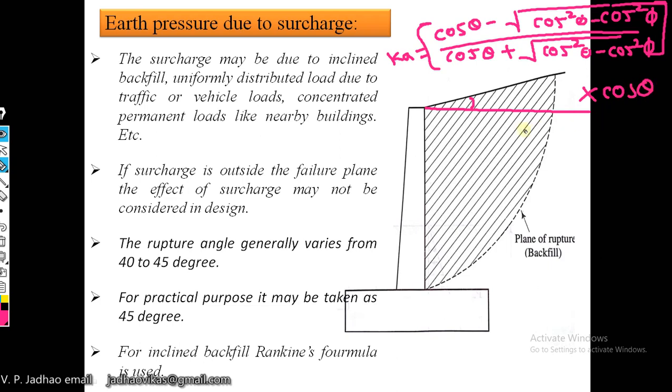We will be using this formula for considering the effect of surcharge itself.